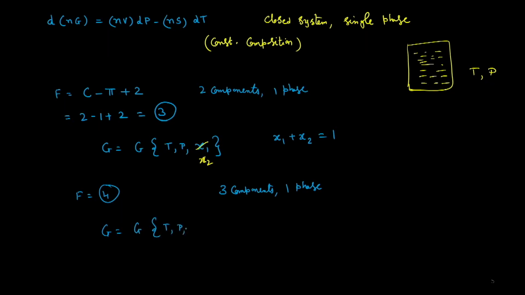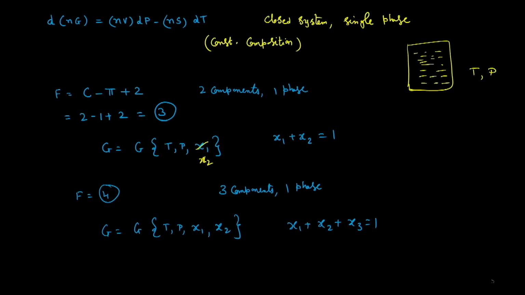That would be the temperature, pressure, x1, and let's say x2, the mole fractions of 2 of the components. The third component obviously is fixed because x1 plus x2 plus x3 is 1. I can choose any 2 of these 3 variables, x1, x2, and x3. In this case, we are writing it as a function of x1 and x2.